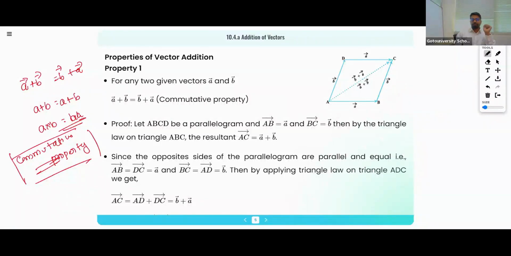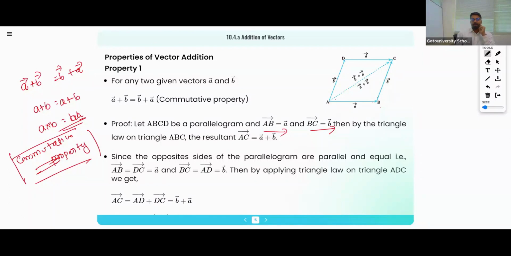There is a proof of this. You can check the proof clearly. Let ABCD be a parallelogram. AB is represented by small letter A and BC is represented by small letter B. Then these sides are A and B, and this is again B as well as A. Since the opposite sides of a parallelogram are parallel and equal, AB is equal to DC and AD is equal to BC.